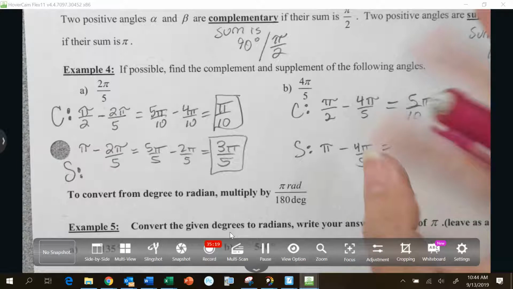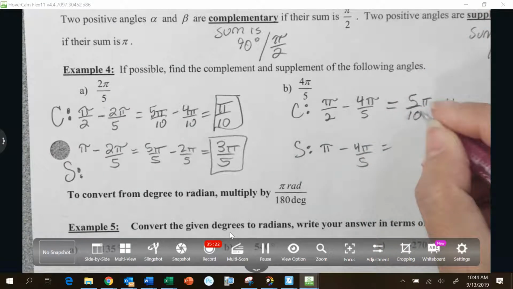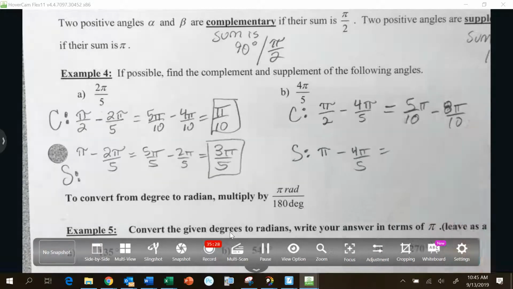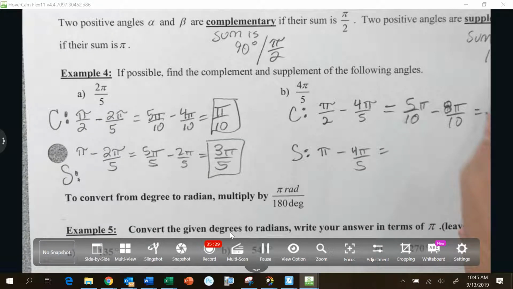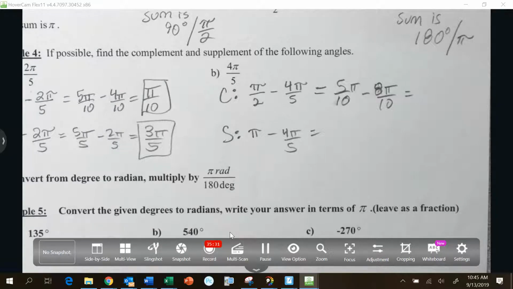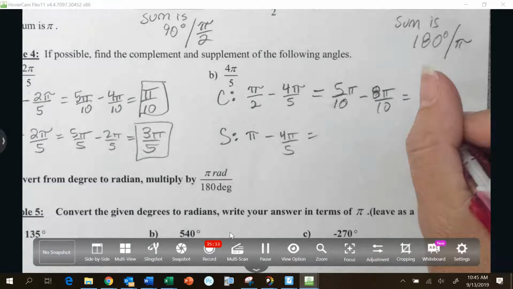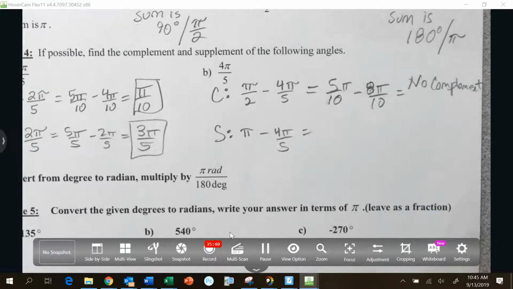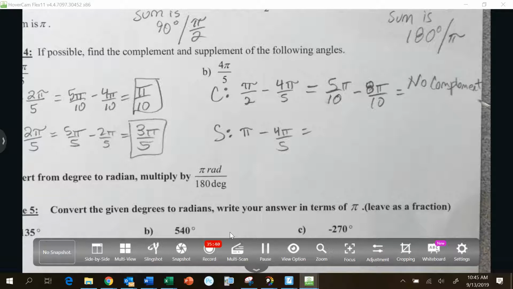Yeah, that's right? Why can't I do that? Oh, yeah, minus 8. The second one I was doing wrong. Okay, 8 pi. And what do I get? All right, so what I get is there is no complement. Why did I just say that? Because I think Prob just yelled out an answer.